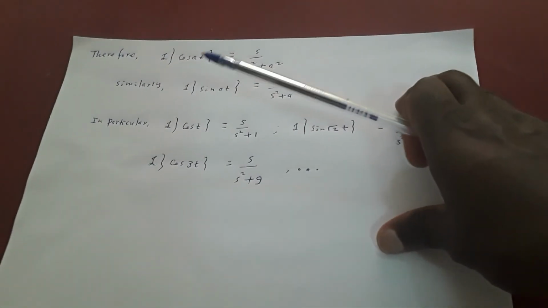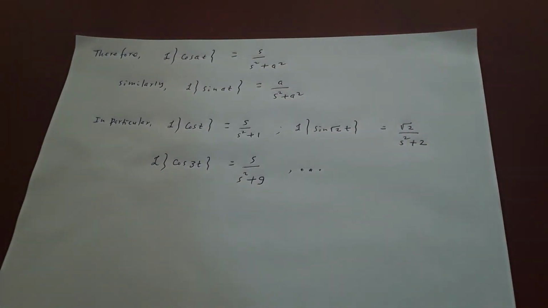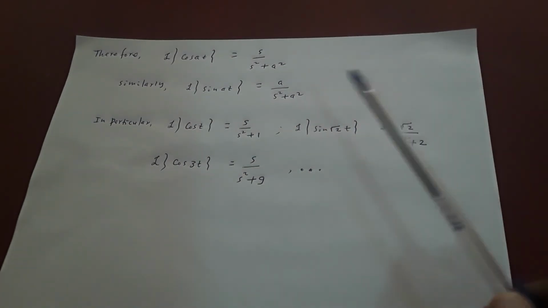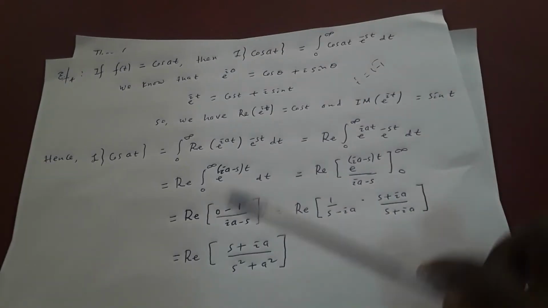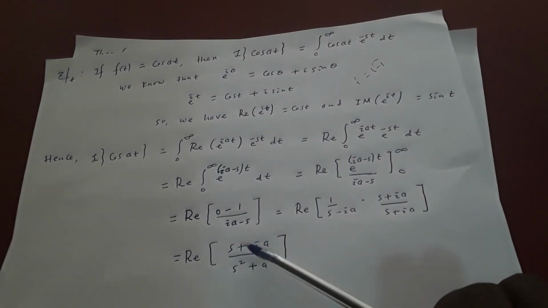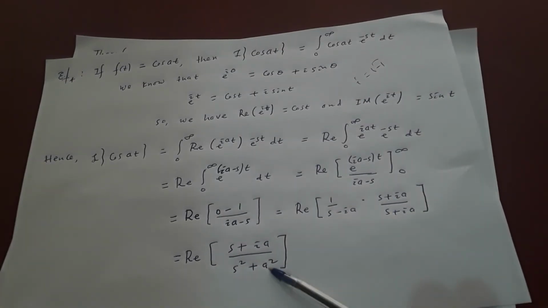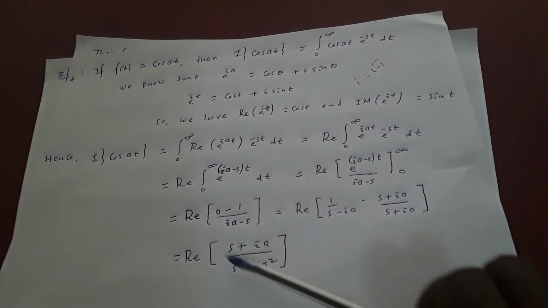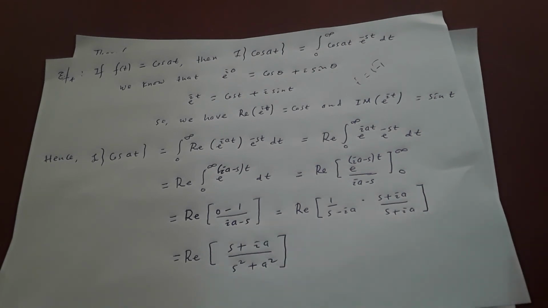Good. This is very interesting. Therefore, for the Laplace transform of cos at, we take only the real part from what we previously have here. This can be decomposed as s over s squared plus a squared, plus ia over s squared plus a squared. We take only the real part and ignore the imaginary part.